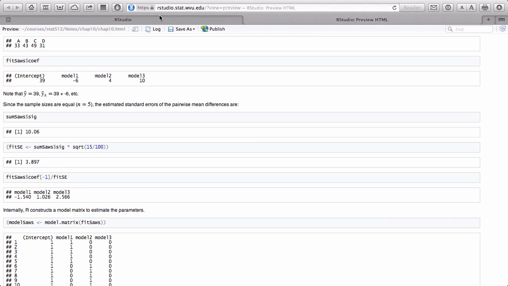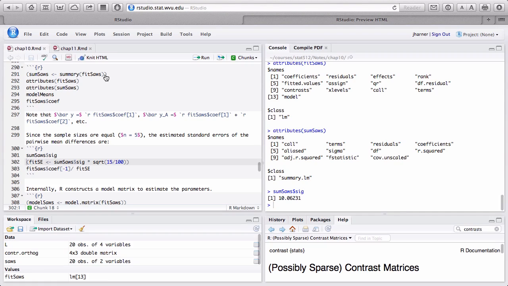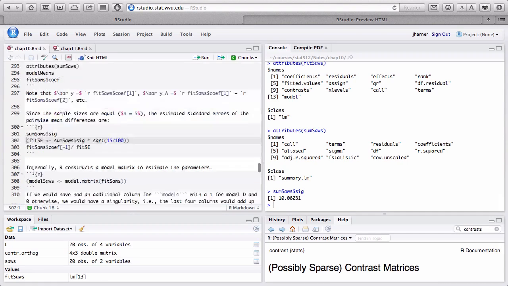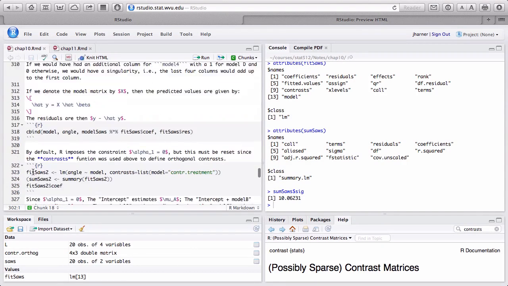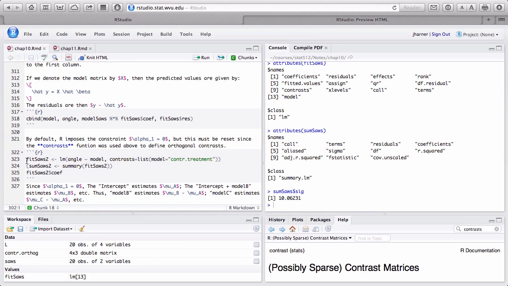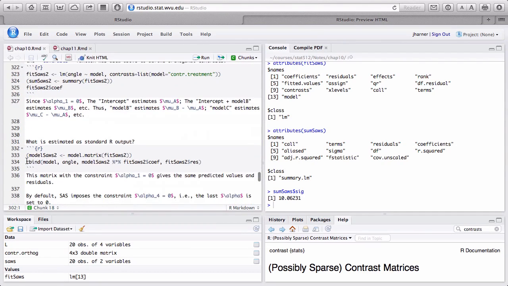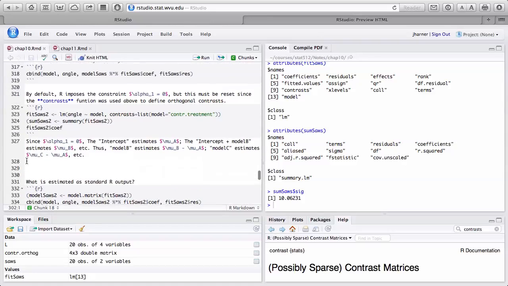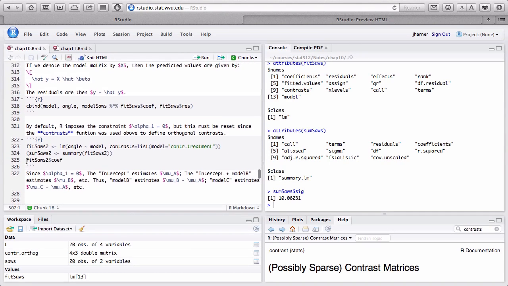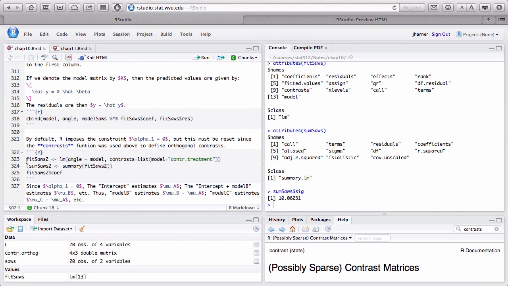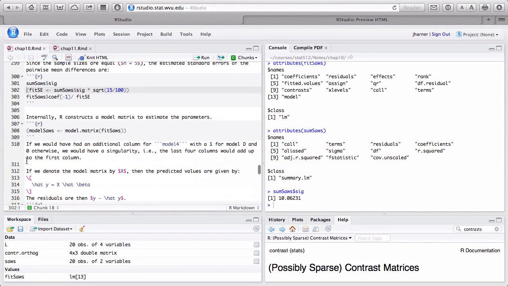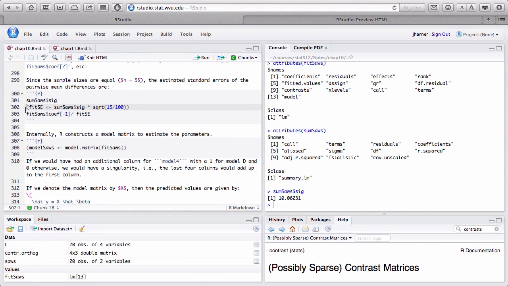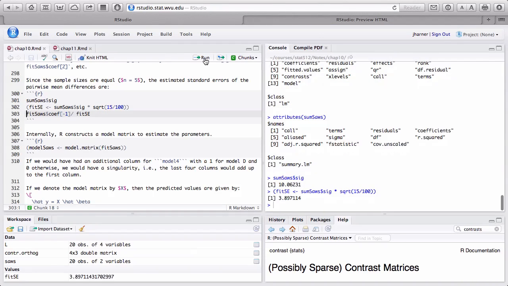And so if I compute that, where is it? Sometimes it's hard to find. Yeah, this is the standard error right here, 3.89.